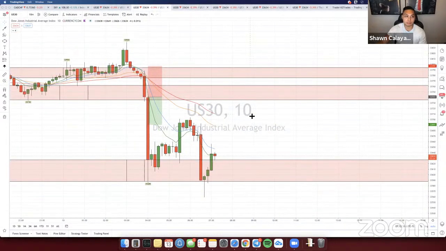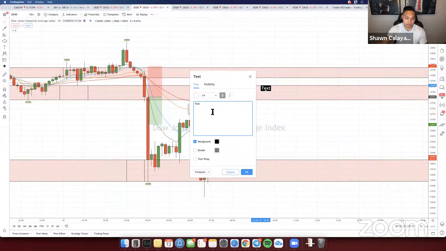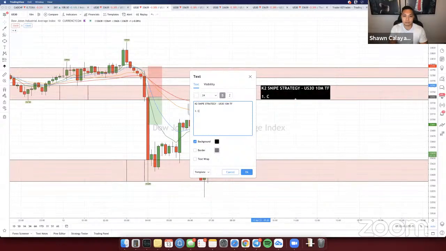So I'll put the requirements here for these strategies just so that you guys can see. So if people have questions, this is going to be the K2 snipe strategy, US 30, 10-minute time frame. First confirm. Sorry, there's people joining the Zoom right now. Confirm wick rejection off K2 pivot.